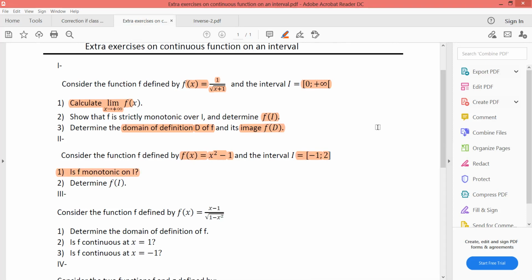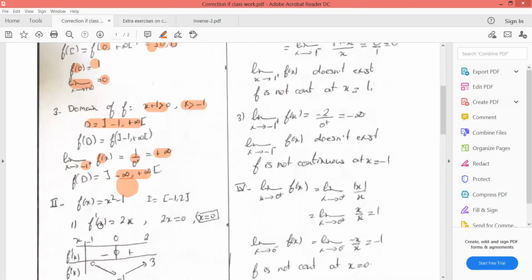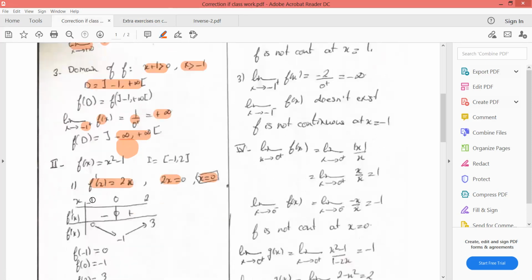2x. Is 2x positive or negative? We don't know. So we find f prime of x and solve it equal to 0. 2x equals 0, x equals 0. Draw the table from minus 1 to 2. I need it between minus 1 and 2, with 0 in the middle, because here we get 0.